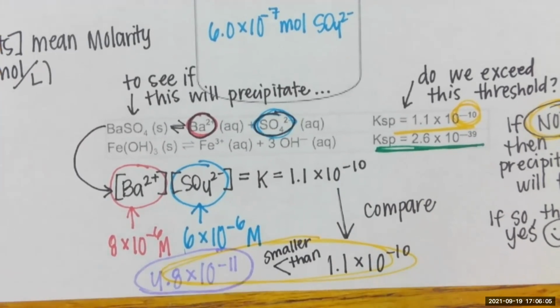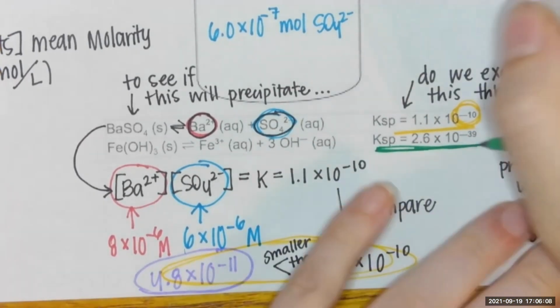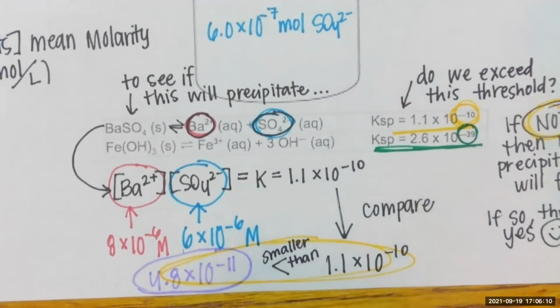But anything like this crazy pants 10 to the -39, yeah, freaking right. That threshold is so tiny that the tiniest little speck would push it over the edge.